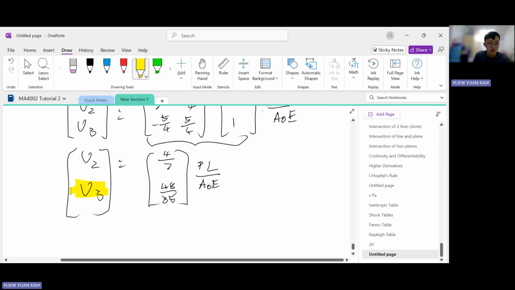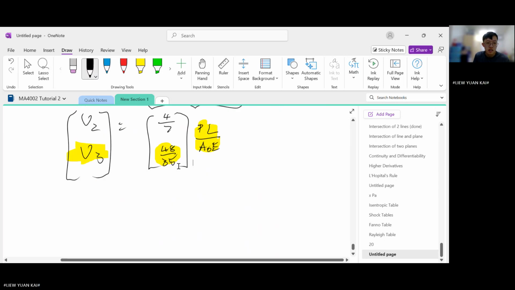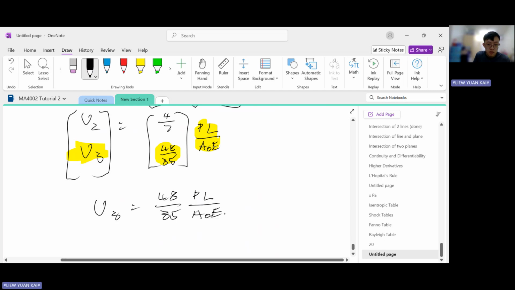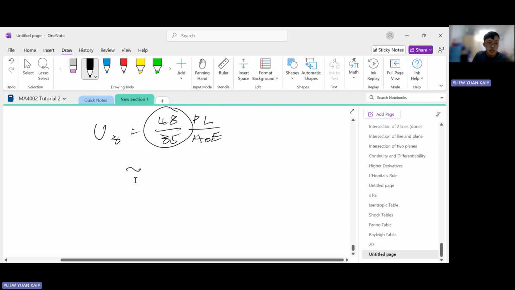So U3 is 48/35 PL over A naught E. Now, if you punch this in your calculator, it will become 1.371 PL over A naught E.